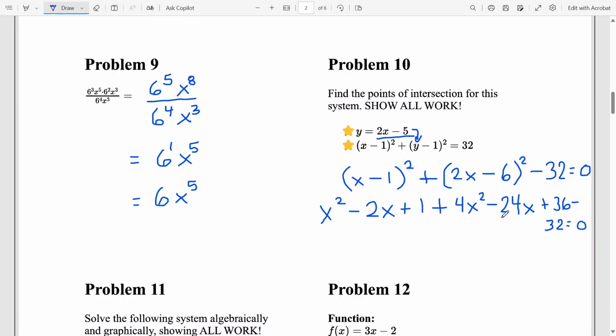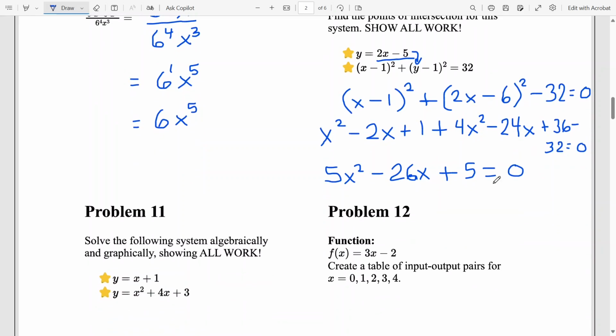So let's neaten this up. So we're going to get 5x squared minus 26x, and then 36 minus 32 is 4, plus 1 is 5, and that equals 0.